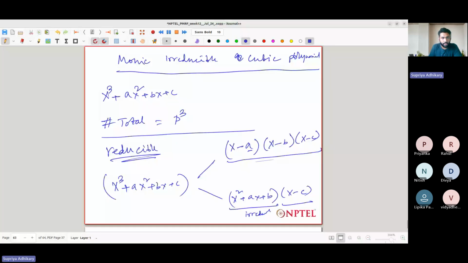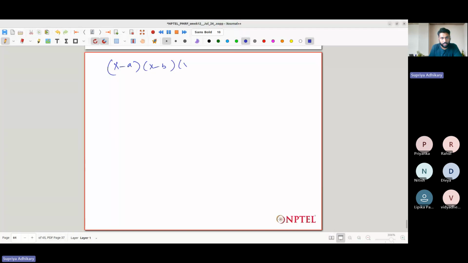Now if we are given x minus a, x minus b, x minus c, there are 3 cases. Case 1 is that all roots are distinct. This a, b, c, all roots are distinct. And how many ways can we choose this a, b, c from Zp?